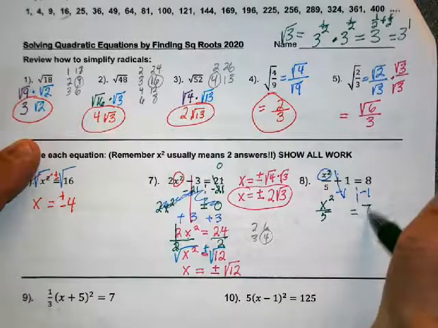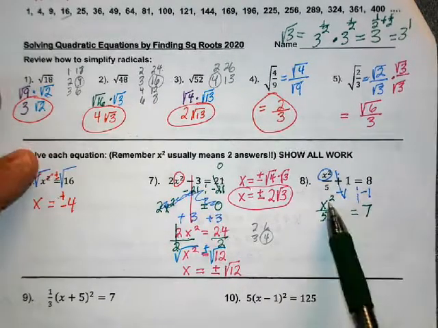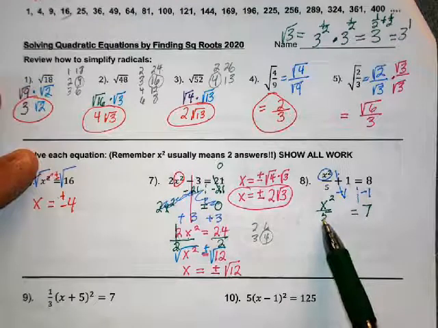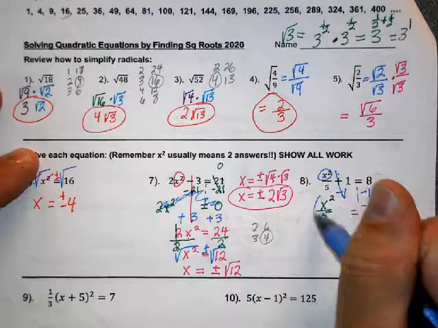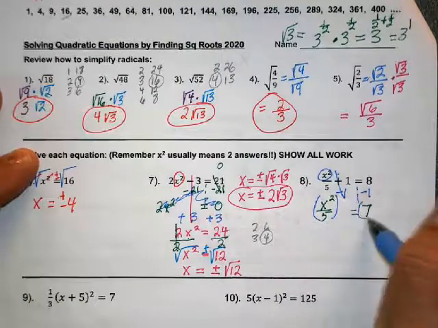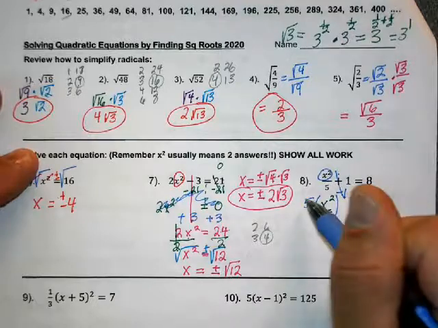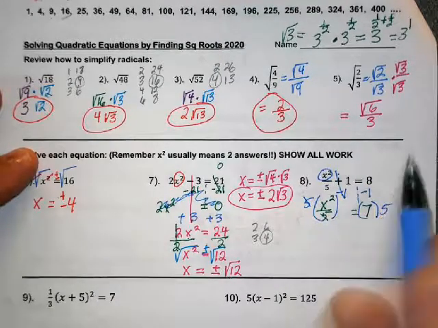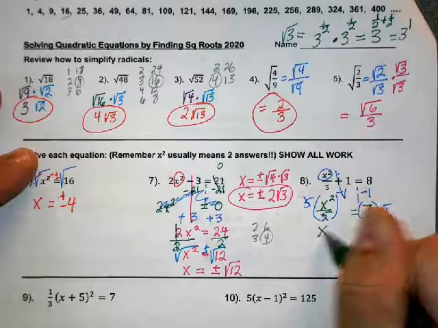I got the fraction by itself, but I want to get rid of the denominator. What do? Multiply both sides by the denominator, 5. The 5's cancel. I get my x squared equals 35.